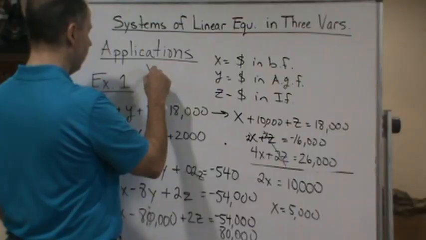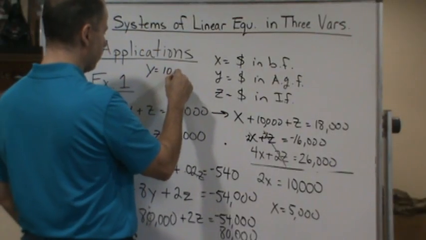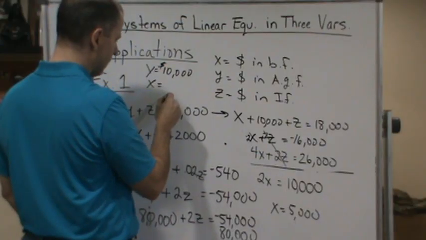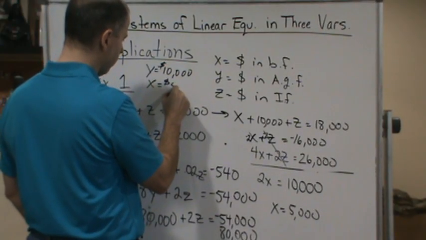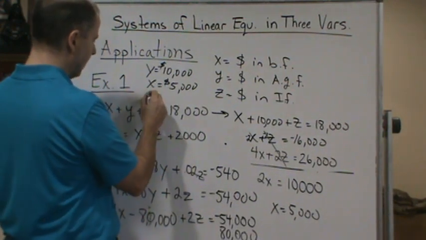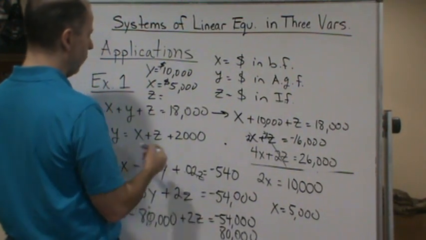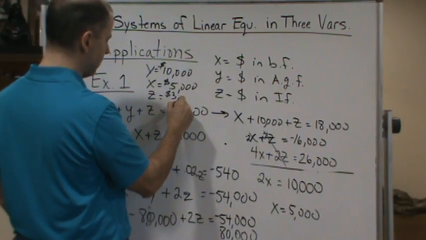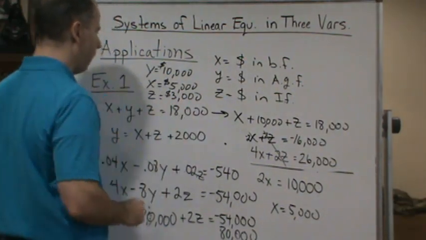So y is equal to 10,000. x is equal to 5,000. And of course, that leaves z has to equal what? 3,000, because it has to add up to 18,000.